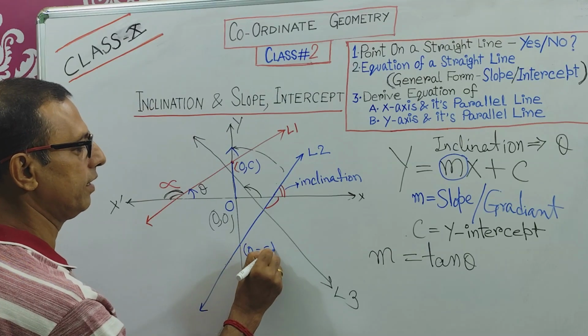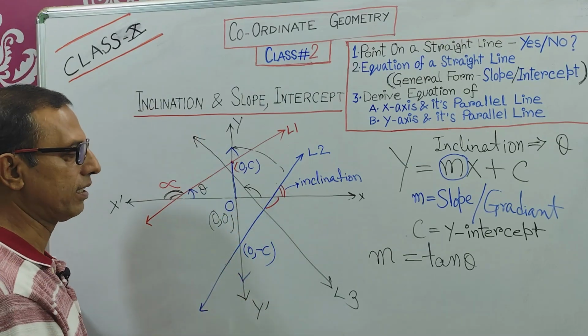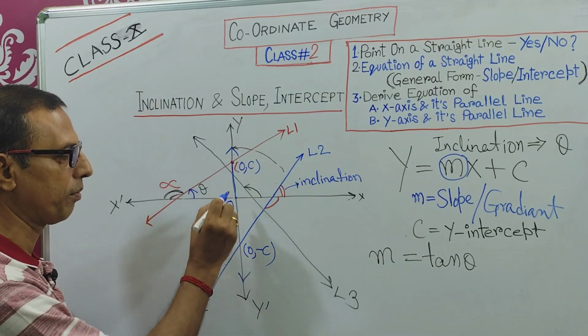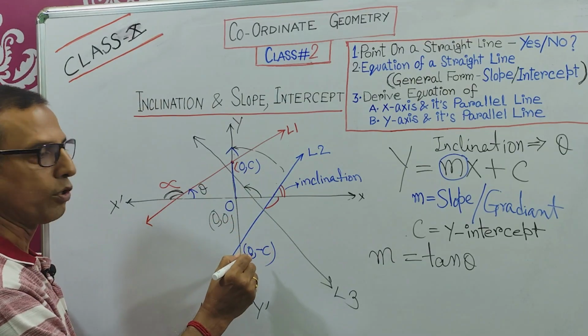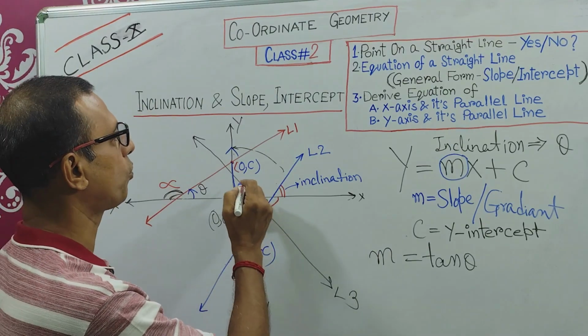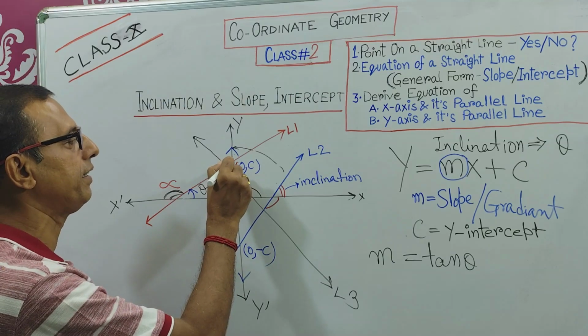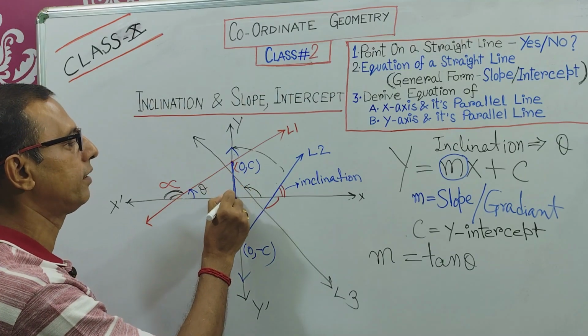this is 0, minus c. y is negative in the downward direction from the origin. Here it will be minus c. So the c value could be positive or negative. This is called the y-intercept, where the line intersects the y-axis.